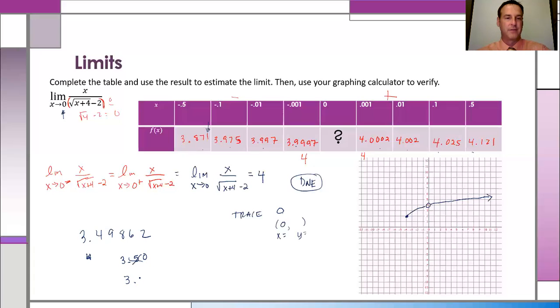How about 3.499? That would be correct, okay? Or if you were to actually say this, 3.498, like say you didn't round the 6 up for that 8, this would also be correct, okay? So you are allowed to write this answer one of 2 ways, as long as it has 3 place values.